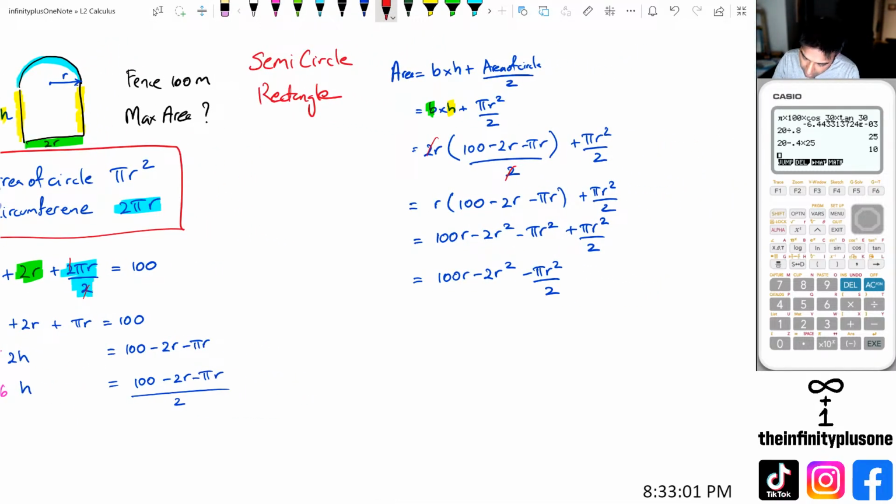If you look at this part, it's minus pi r squared plus pi r squared over 2. I could rewrite this by multiplying by 2 over 2, and I would get minus 2 pi r squared over 2 plus pi r squared over 2. And then minus 2 plus 1 equals negative 1.